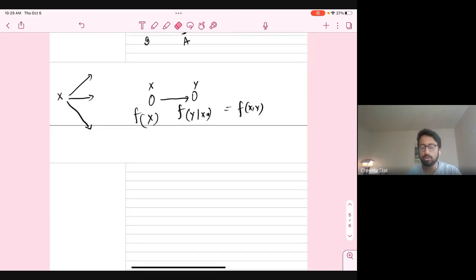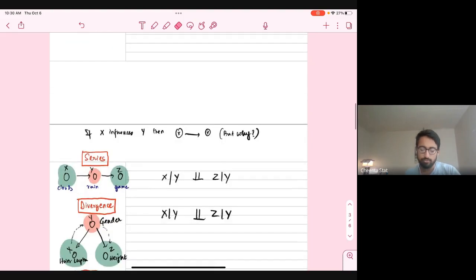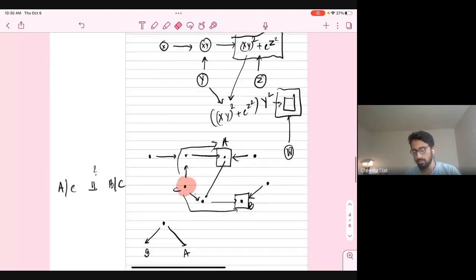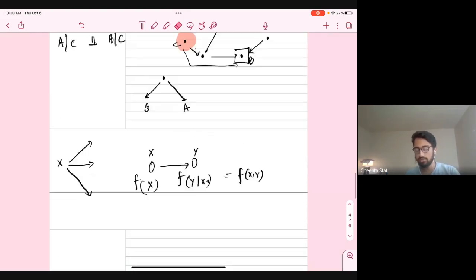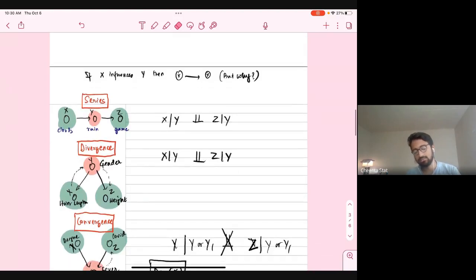That's the whole idea I wanted to mention: if x influences y, then y given x has some probability, some density. Hence it makes sense that x influences y means y given x is a non-zero distribution. So that's the whole idea.